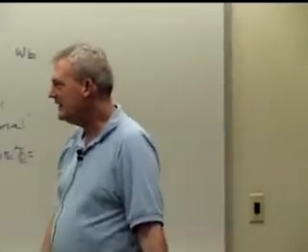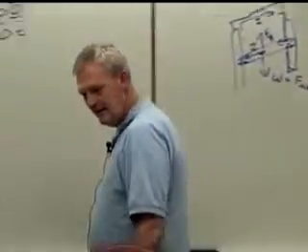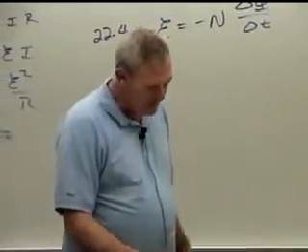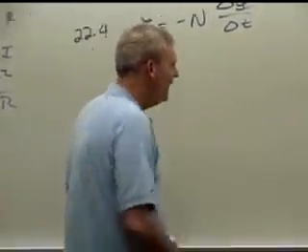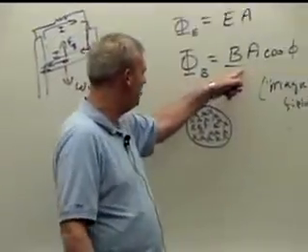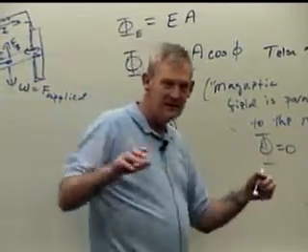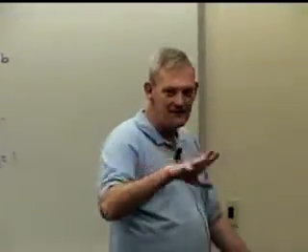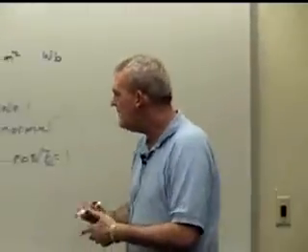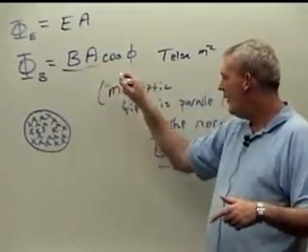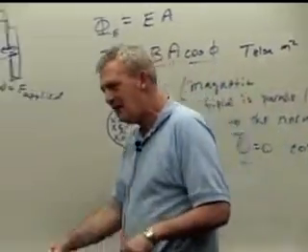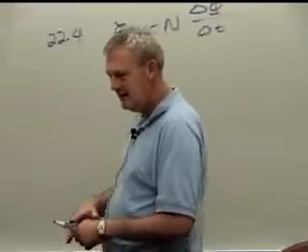It goes back and forth, so I'm changing that magnetic field all the time, and that creates induction. So my magnetic field can be changing direction, or I can be changing the intensity of the magnetic field over time, or changing the area, or changing the angle that it's sitting in.